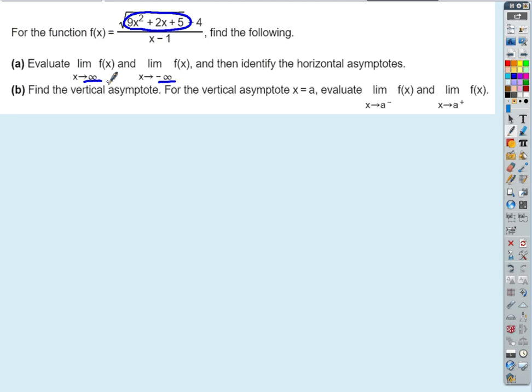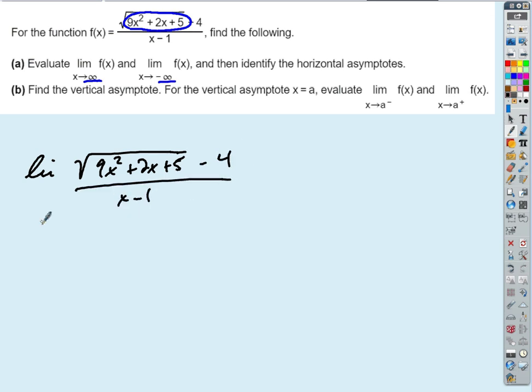And so when we're taking the limit of f of x, that's equal to the limit of what much easier function at plus or minus infinity?